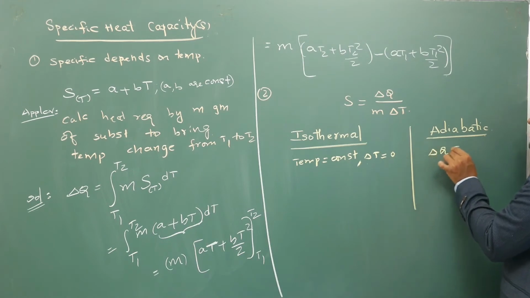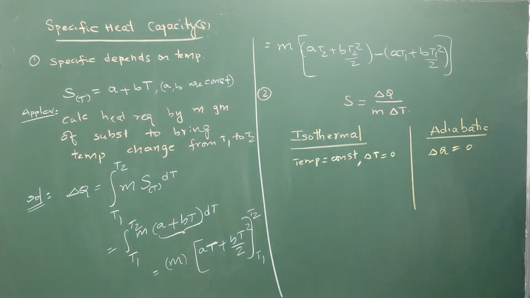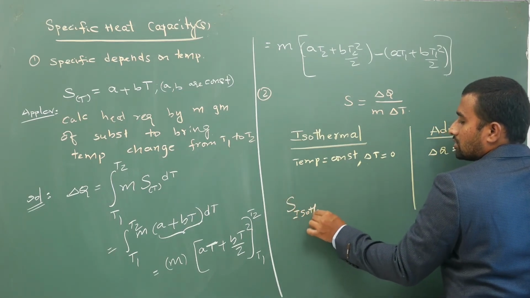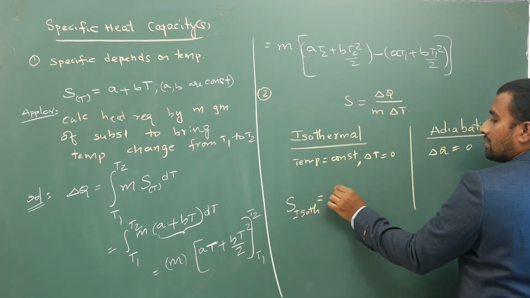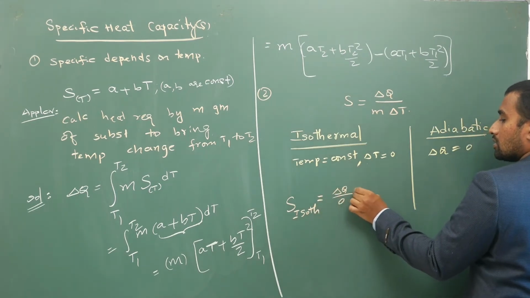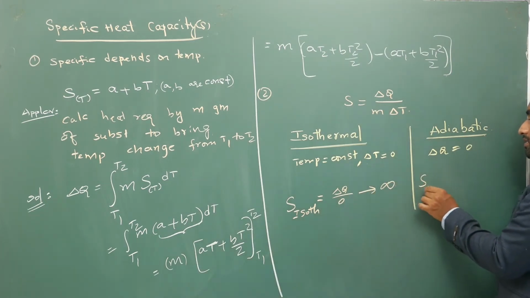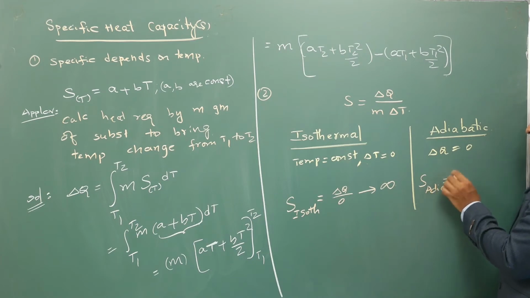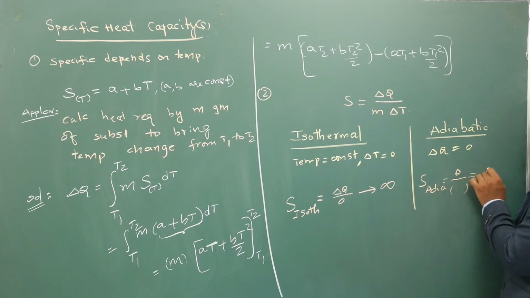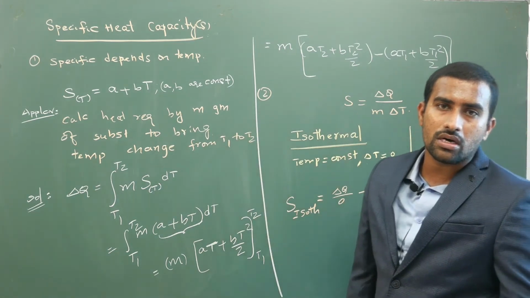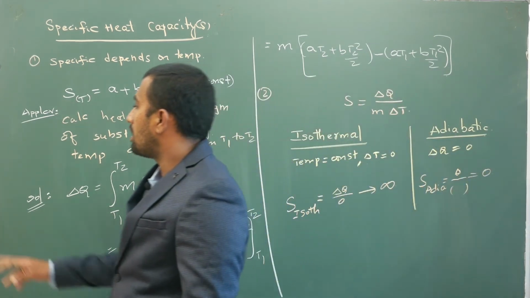Adiabatic means no heat flows into the system, so delta Q is 0. So for an isothermal process, specific heat is delta Q by 0, which is infinity. For an adiabatic process, it is 0 by some value, which gives 0. With this, your specific heat is done.